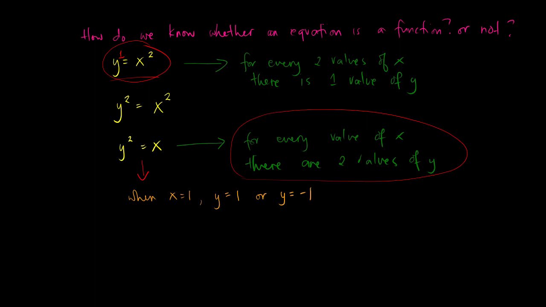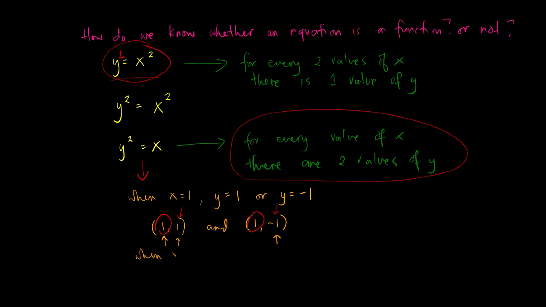Then I would have the ordered pairs (1, 1) and (1, negative 1). See, when x is equal to 1, y can be 1, or it can be negative 1. So for every x, such as this number, there will always be two values for y, 1 and negative 1.